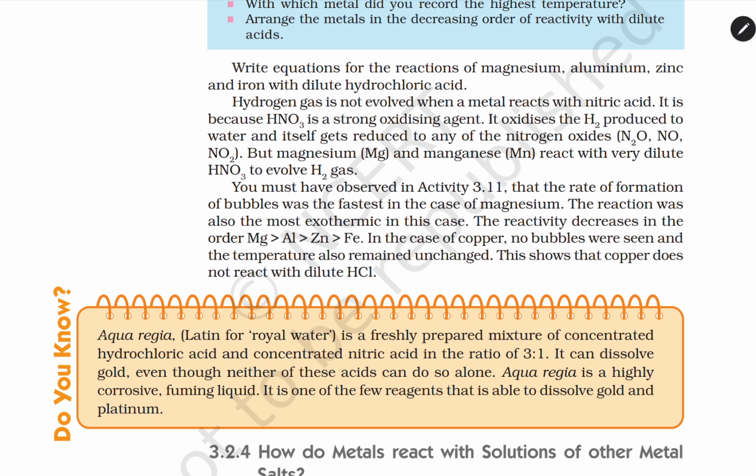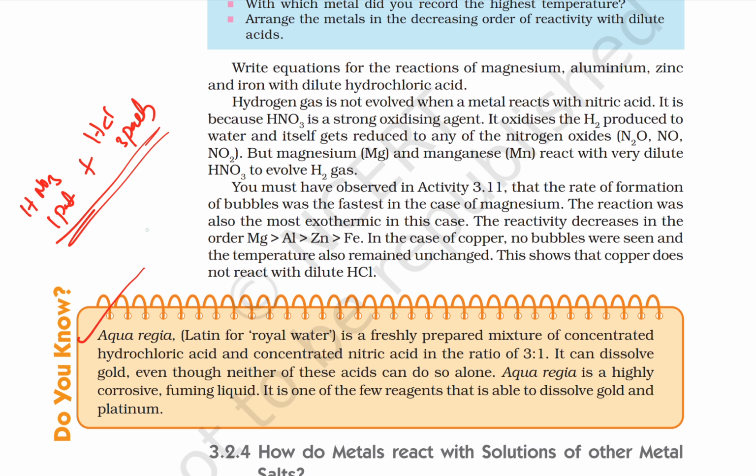Here we would like to know another interesting aspect about aqua regia. So what is this aqua regia? It is a freshly prepared mixture of concentrated nitric acid, HNO3, one part, and concentrated HCl, three parts. If you mix these two, I will write the equation: HNO3 + 3HCl gives NOCl + chlorine + H2O.